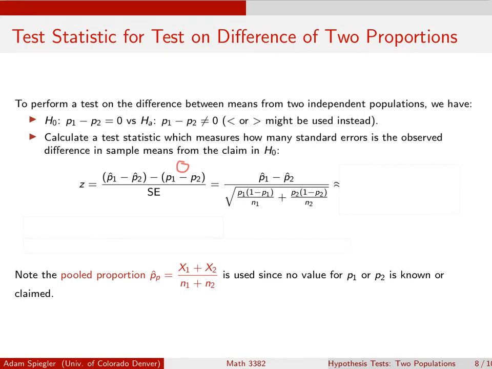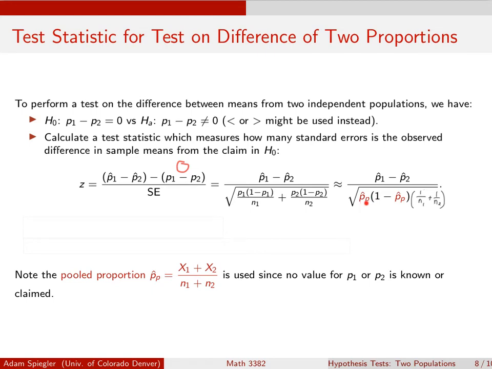When we do that, here's the resulting formula that we can use to calculate our test statistic when we're working with proportions. Notice that if we're using the same values for P1 and P2, namely p hat p, we can just pull this out from both of these fractions.